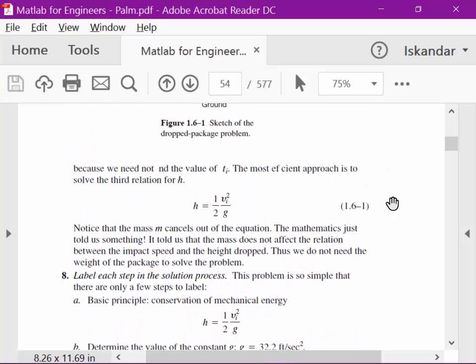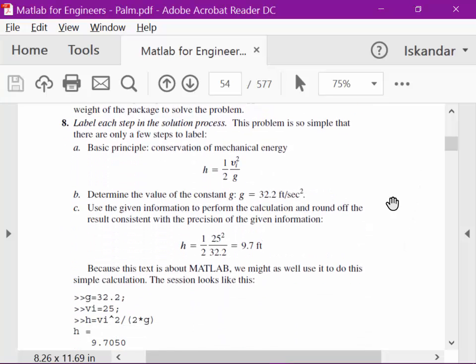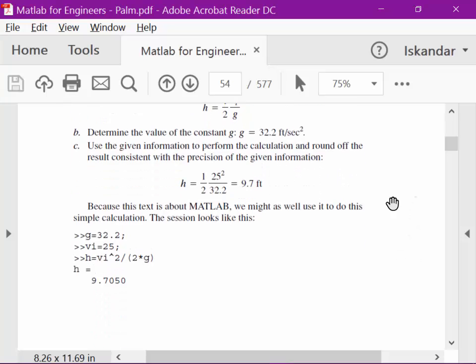They know from physics and their courses that they've got some equations. They know that the height is equal to the final velocity squared divided by g. That comes from basic physics. They also know that the height is equal to 1/2 v squared over g. Again, do you need that? Given the calculations rounded off, we just use that first equation.